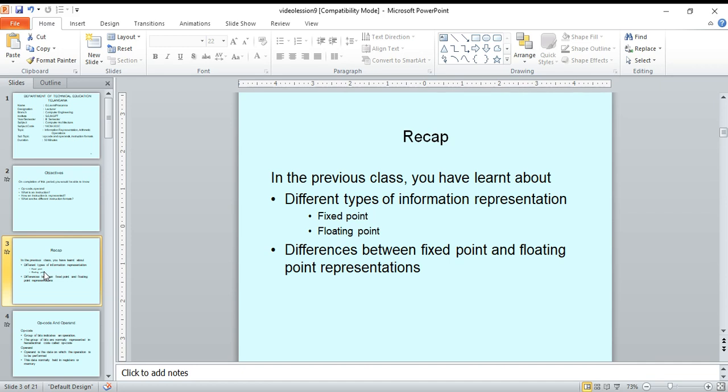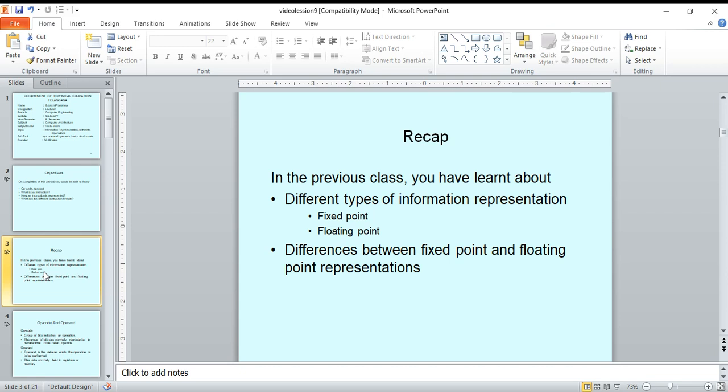In fixed point representation, we can use only one register to store the number. Now, floating point representation: here the decimal point cannot be fixed at one place, but we can show the place of the decimal point in the exponent. That is floating point representation.